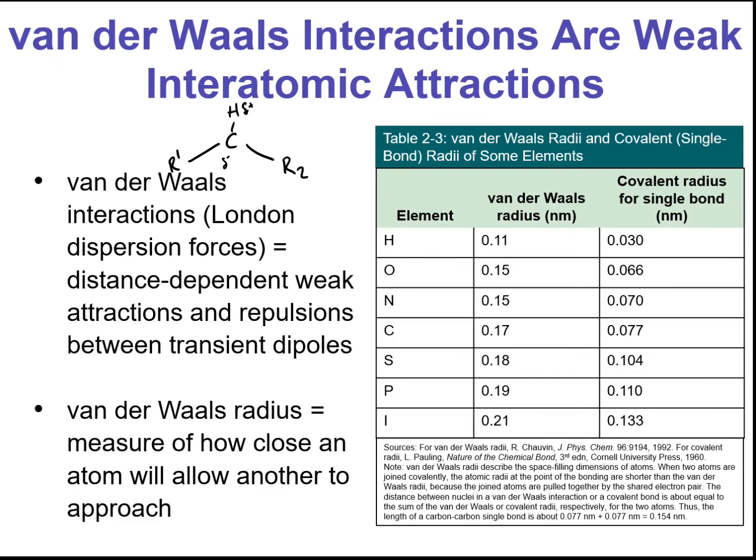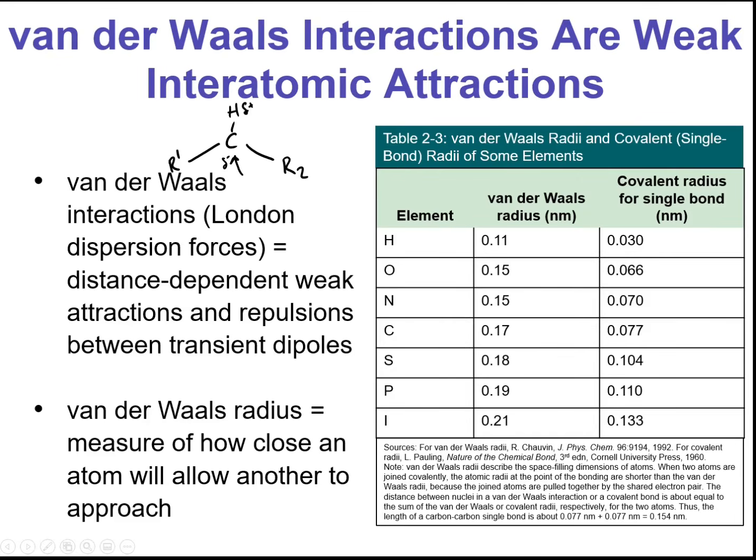And when that happens, then you can have a transient dipole moment where another molecule that just happens to be in the vicinity of the correct orientation gets attracted to the carbon, let's say. So it could be another hydrogen that's partial positive. That's a transient dipole. And there's a very weak, fleeting interaction. So that's all van der Waals or London dispersion forces are. And that's really all that I want you to understand.